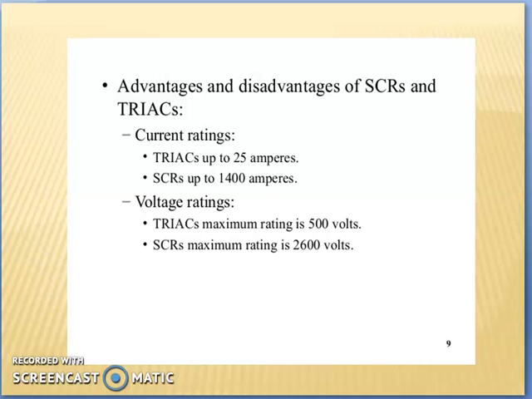In voltage rating, the triac has the maximum rating of 500 volts and the maximum rating of SCR is up to 2600 volts. So you can see here the SCR is more compatible and reliable as compared to the triac. But the only advantage of the triac, again I am repeating, is that it is a bidirectional device, whereas the SCR conducts in only one direction.